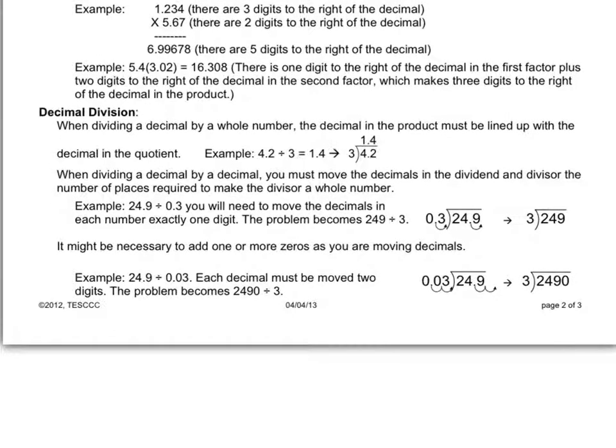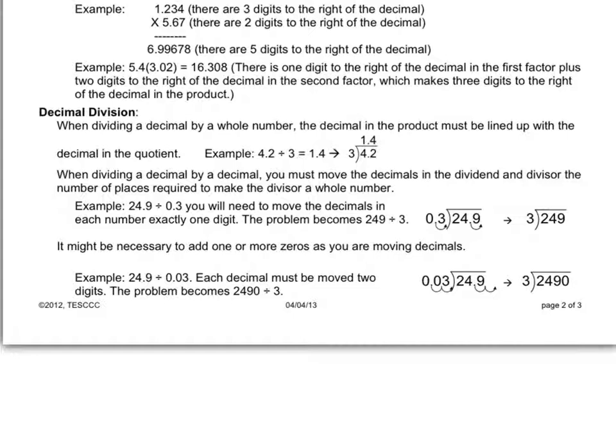And when dividing decimals, you know you cannot divide by a decimal. You can divide a whole number into a decimal or an integer into a decimal. You cannot divide a decimal into a decimal. You have to make it a whole number is what we were taught, but it's really an integer because you can divide by a negative number as well.